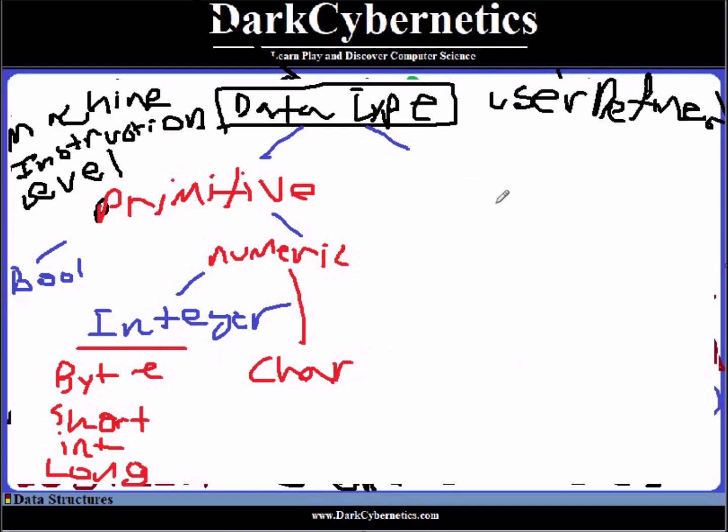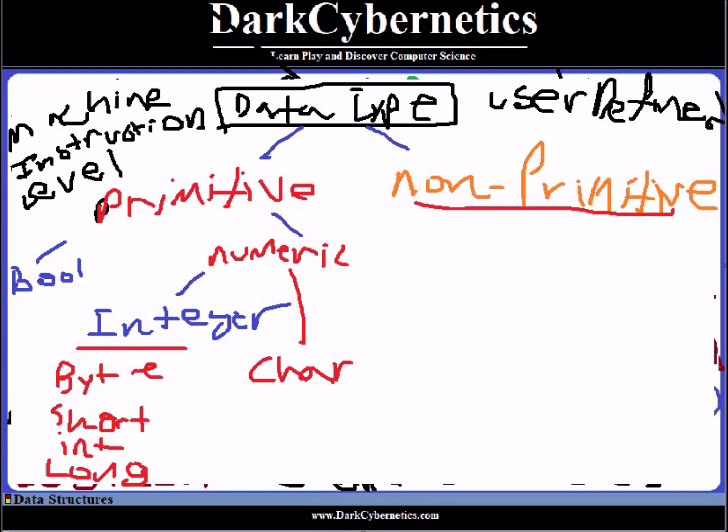And of course on the other side, it could be user-defined, so in turn it would be non-primitive. Non-primitive, we have to abbreviate here. Maybe we'll run out of space. It's non-primitive on this side. And those would extend into the user-defined data types. And this is what a class for C++ is. C++ classes are supported in Java as well. And we can have arrays, of course, in many languages.